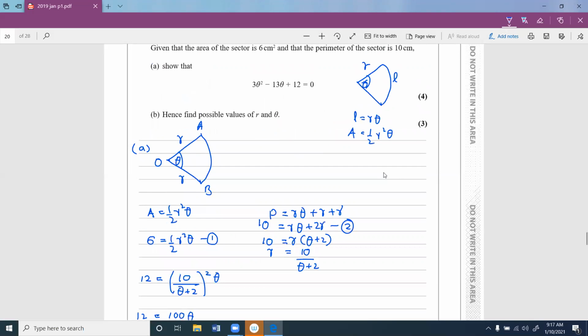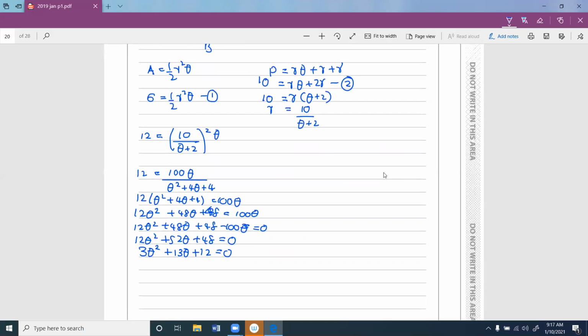So here the answer is there. It's minus 52 here and this one also minus 13, right? So you can simplify this and obtain the answer for theta.